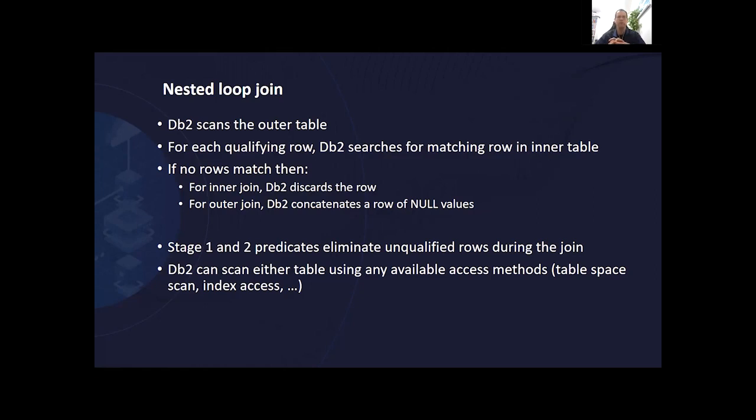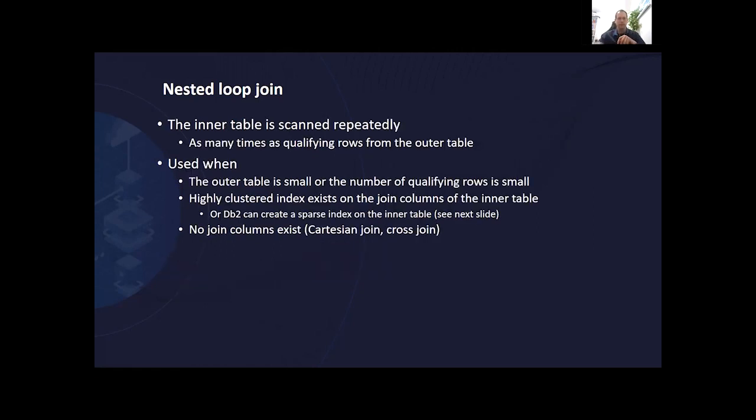Nested loop join, a simple idea. DB2 scans the outer table, and for every qualifying row, it searches for the matching row in the inner table, right? If no matching row is found, then for an inner join, it just discards the row. For an outer join, it concatenates the row with null values. This means that the inner table is scanned repeatedly.